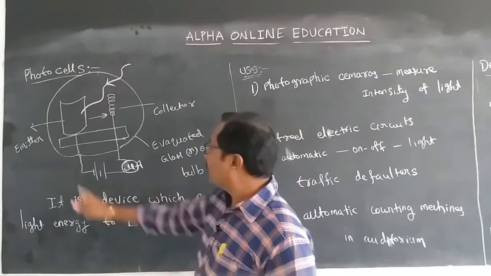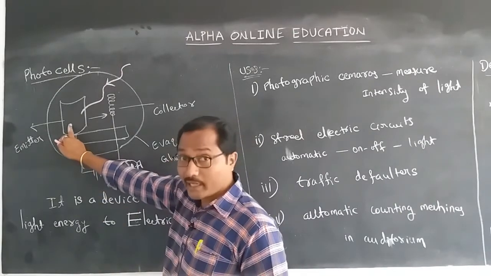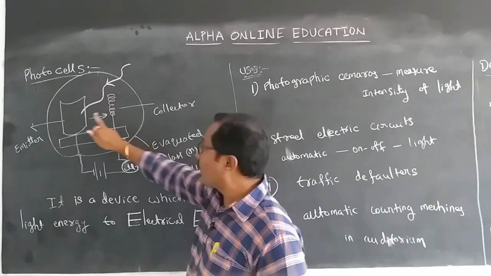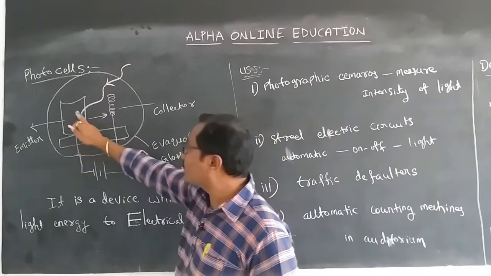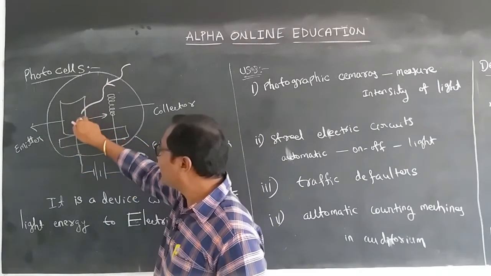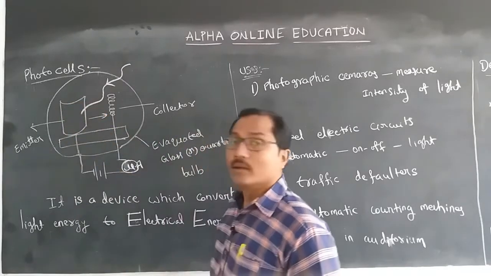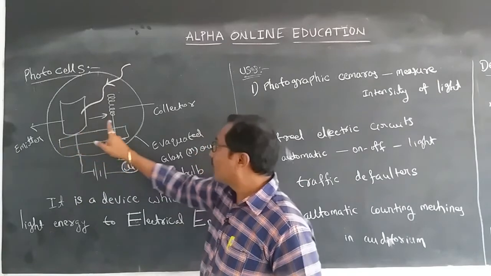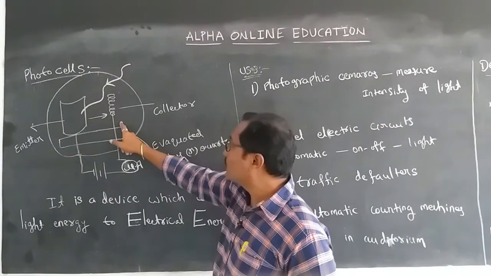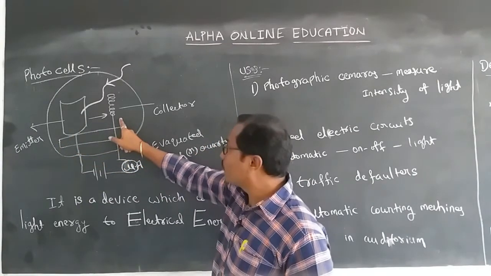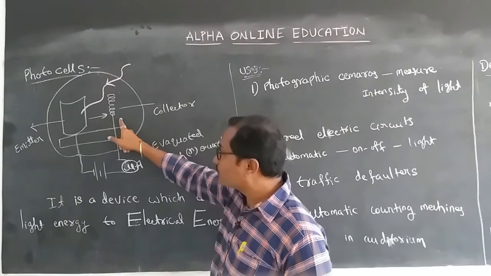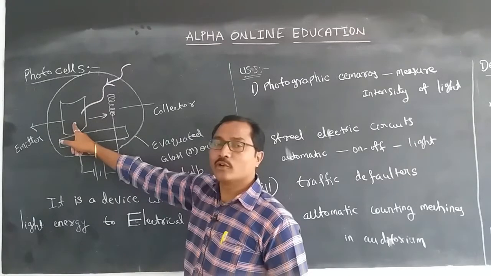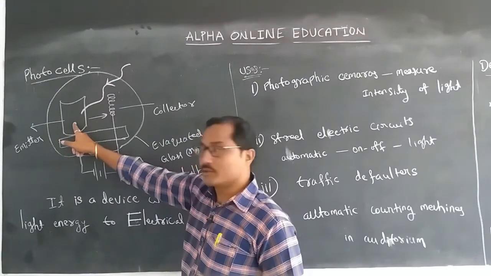Here we have a cathode plate and an anode. The cathode is a semi-cylindrical material, and here we have a wire loop. This wire loop acts as the anode, and this semi-cylindrical plate acts as the cathode.